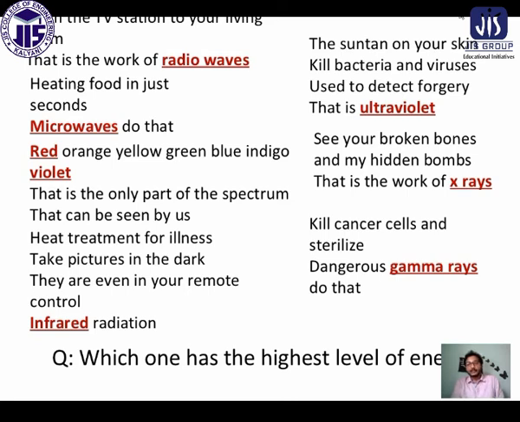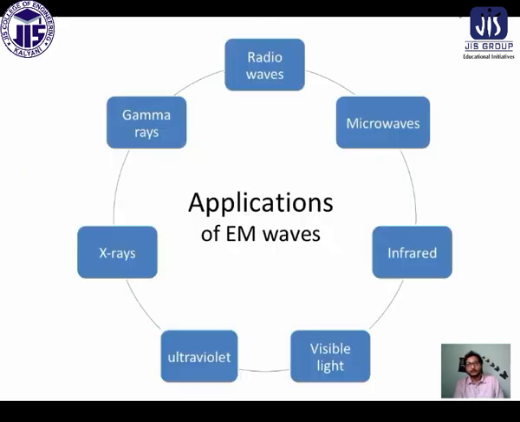So as a conclusion, we can say that we are surrounded by these electromagnetic waves, from our daily life to the most important surgical things. It means for our treatment, for our surgery, for our daily life, for our cooking purpose, in every place we can find these electromagnetic waves.